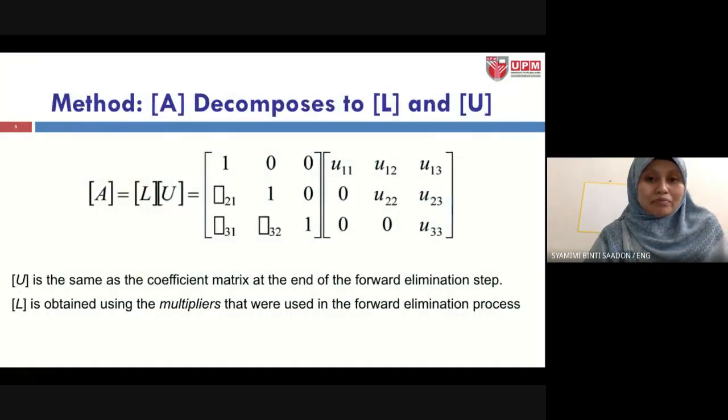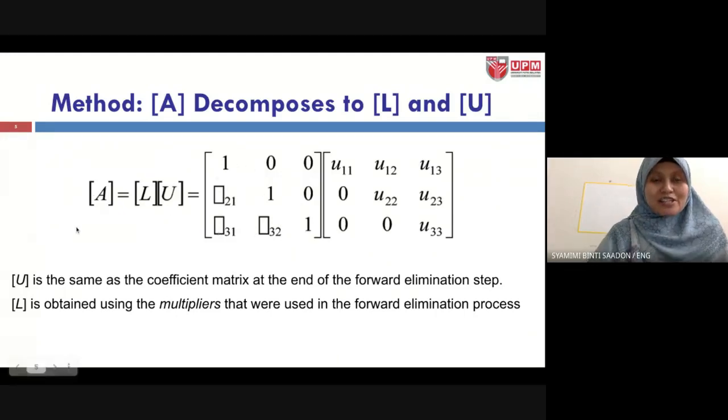Okay, so this is an example. Not yet an example, but just to show you how to write the decomposition. This is actually L, because of this PowerPoint, the L doesn't come out, but this is L, L21, L31, L32. So the lower matrix will be written like this.